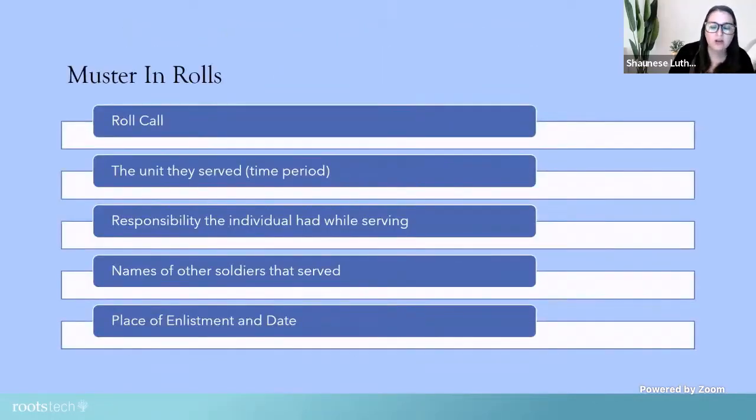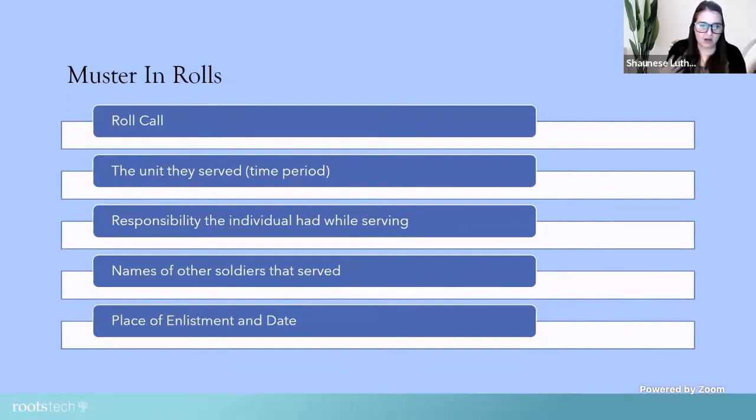Then we have the muster in rolls. The muster in rolls are the roll call, the unit they served in, depending on the time period and what war they were serving in, the responsibility that they had, and also the other lists of soldiers that they served with. This could be friends, family members, or associates.